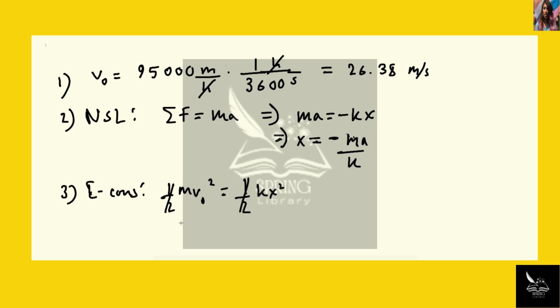The 1/2s cancel, and now we replace x with what we know it to be, which is negative ma over k. On the right-hand side, you have k times negative m over k times a squared.